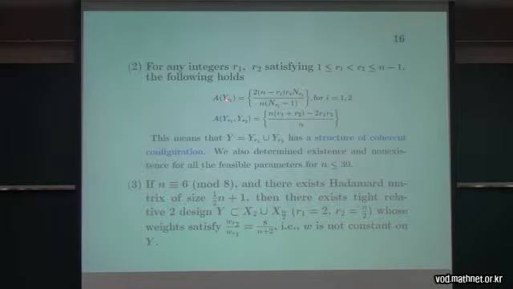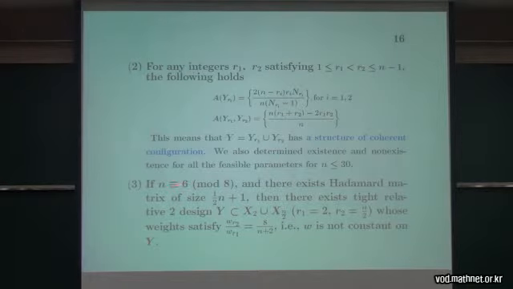This is given by one integer, and this is the relation between the points in Y_r1 and Y_r2. This also contains just one, and we should have this fraction an integer, and also this an integer. So we determined the non-existence and existence of each feasible case for any parameters for n less than or equal to 30.